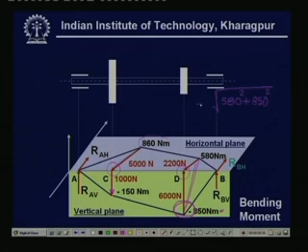That comes out to be, I am just giving you the value, 1029 Newton meter, and this value we will be utilizing as the maximum, and that is the moment at D.